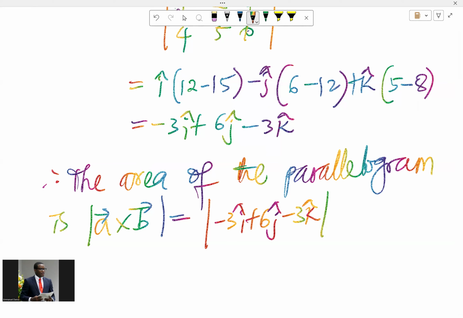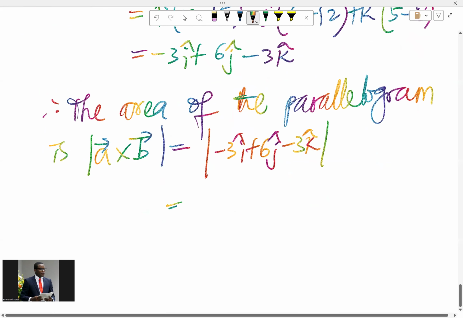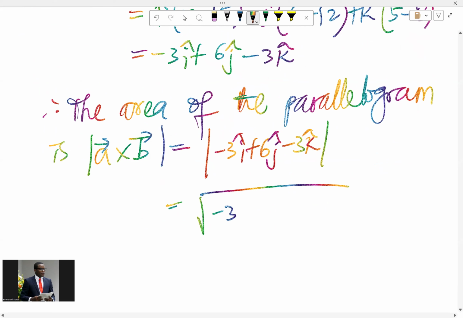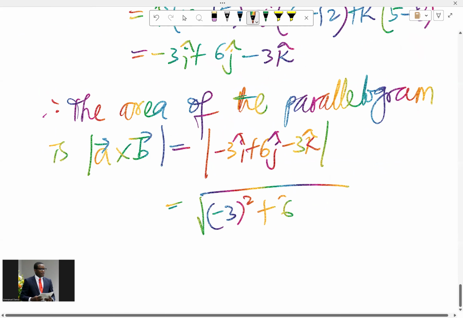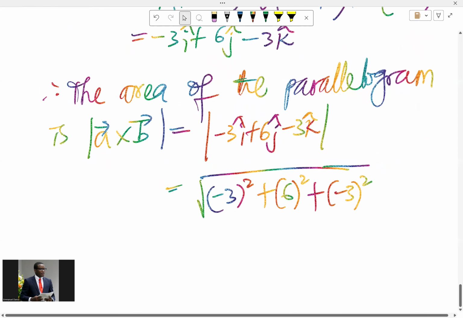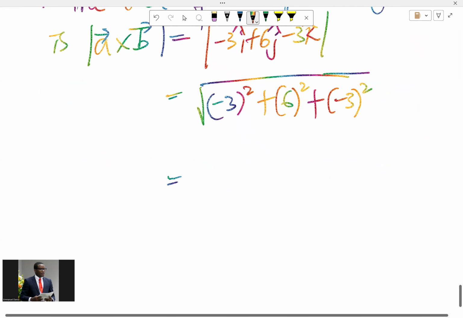So this is equal to the square root of minus 3 squared plus 6 squared plus minus 3 squared, which is the square root of 9 plus 36 plus 9. 9 plus 36 is 45, and 45 plus 9 is 54.